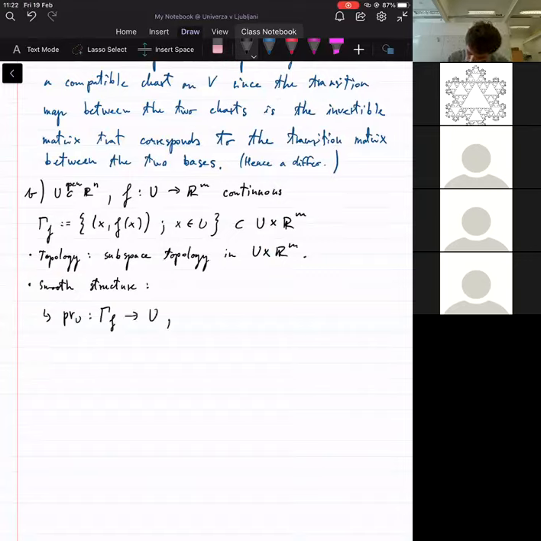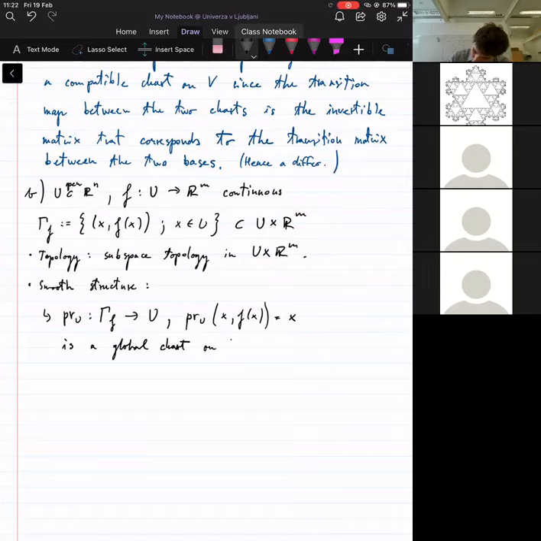This is nothing else but the map pr_U, with (x, f(x)) mapping to x. And this is again a global chart on the graph.